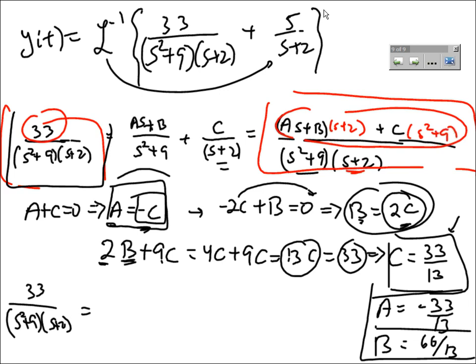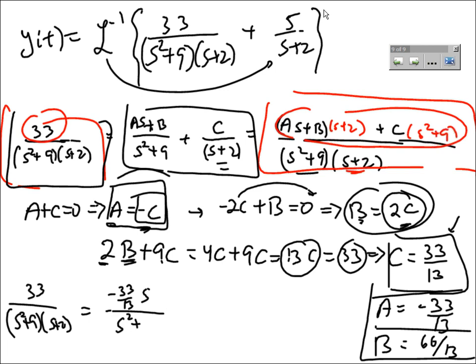That's this piece, and it equals that piece, where a is negative 33 over 13, s over s squared plus 9, plus b, b is 66 over 13, plus c, 33 over 13, over s plus 2.